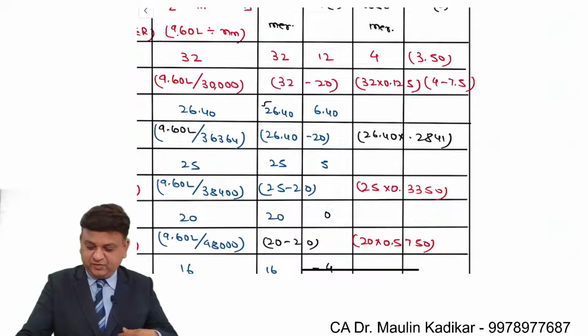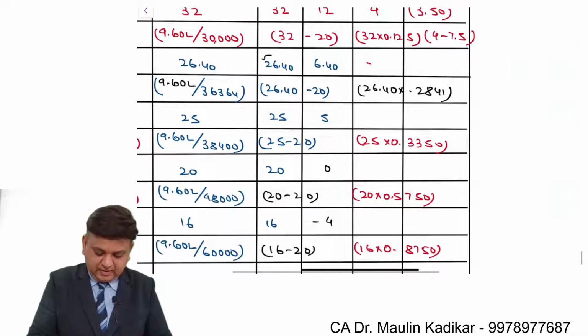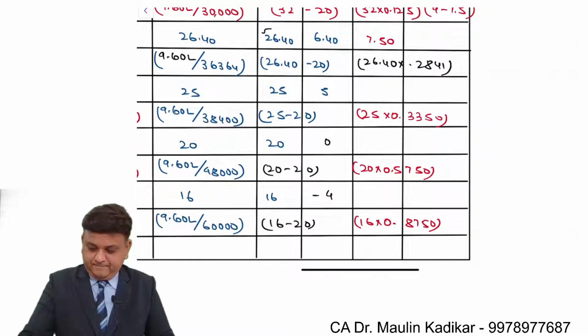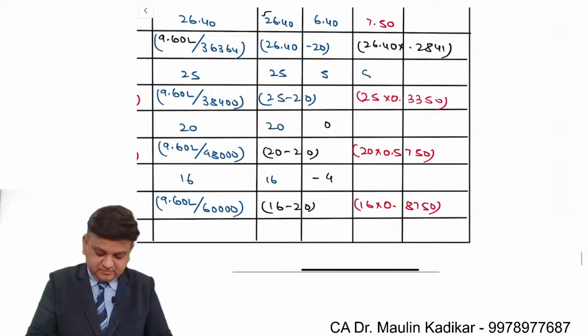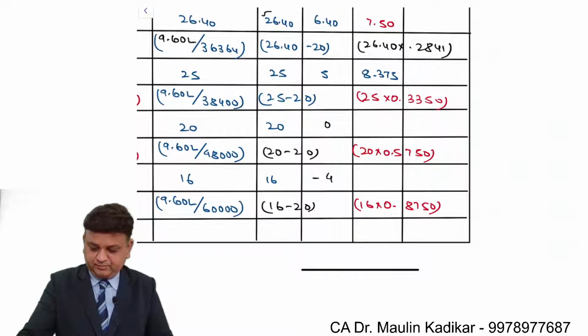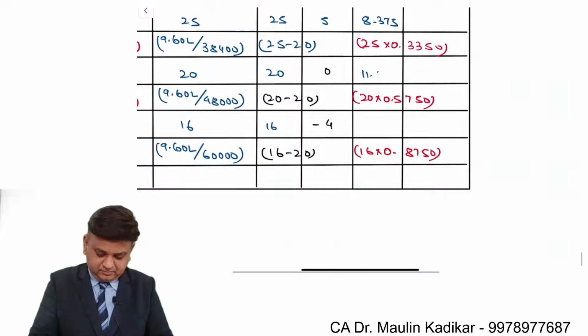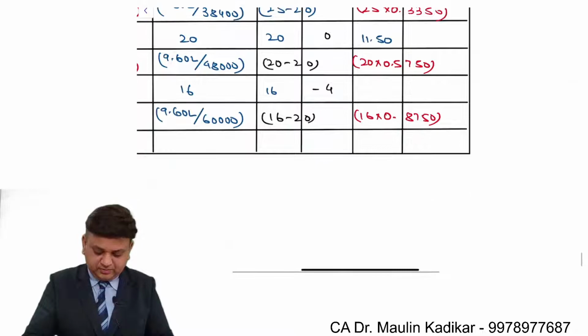So the answer will be found as 7 rupees 50 paise, 8 rupees 375 paise, 11 rupees 50 paise, and then it comes to 14 rupees.